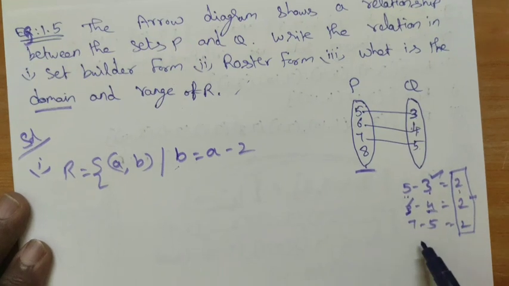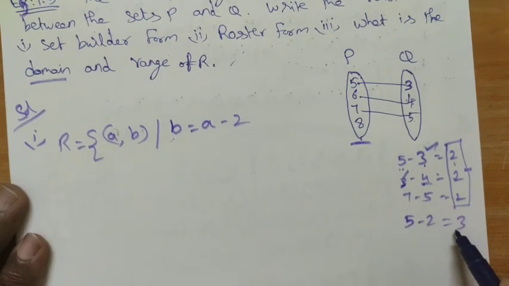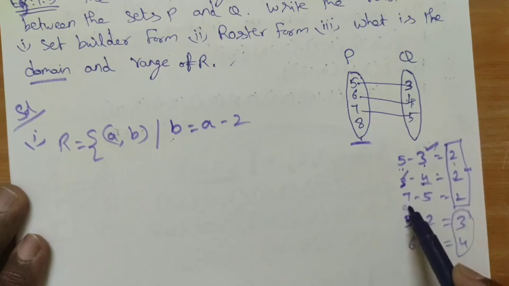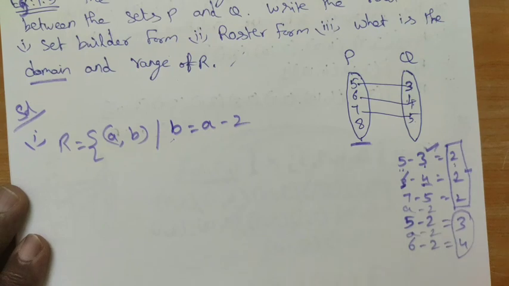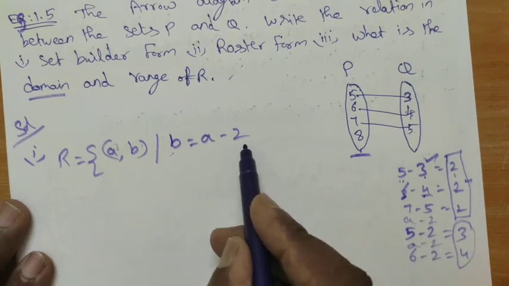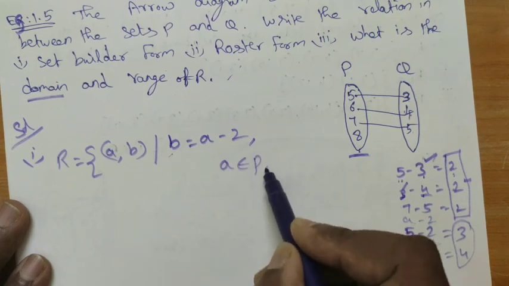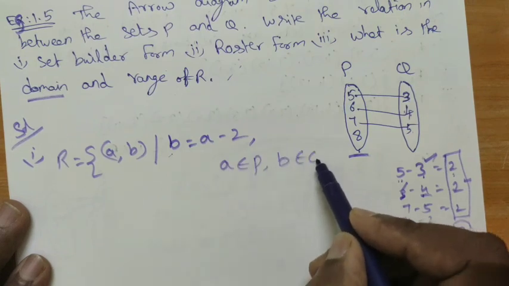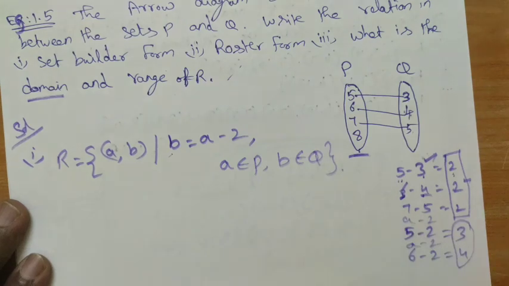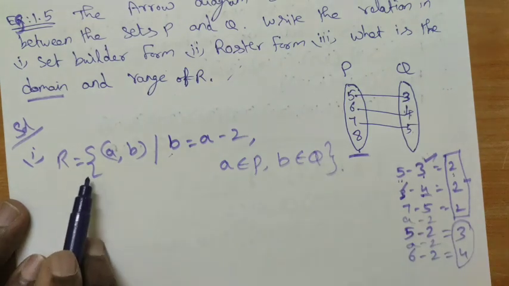Do you understand the steps? This is the B set's element, A minus 2. So B is equal to A minus 2, such that A belongs to P and B belongs to Q, right? This is the set builder form.